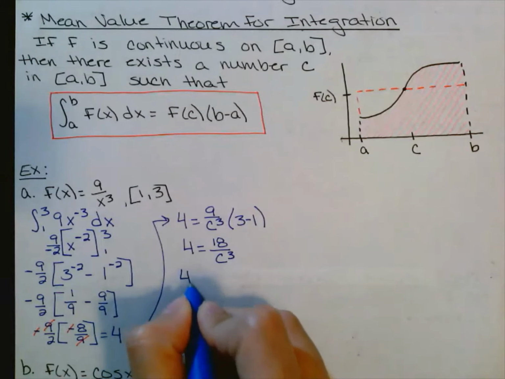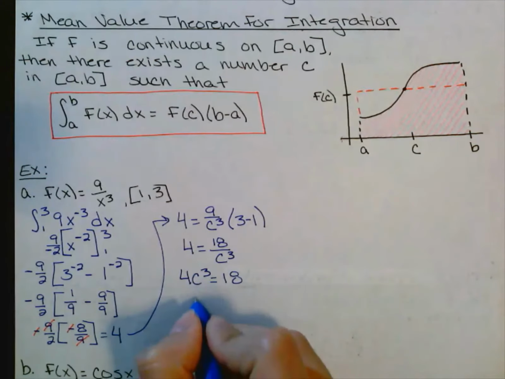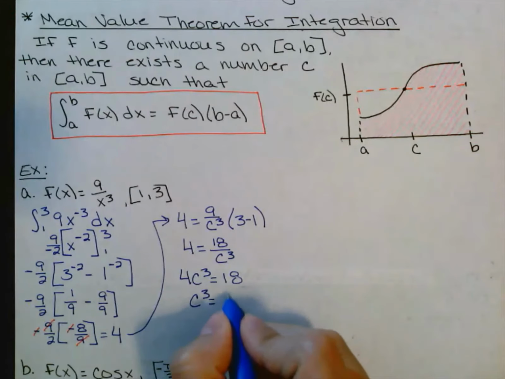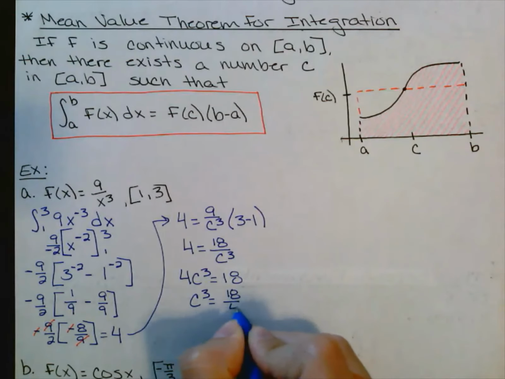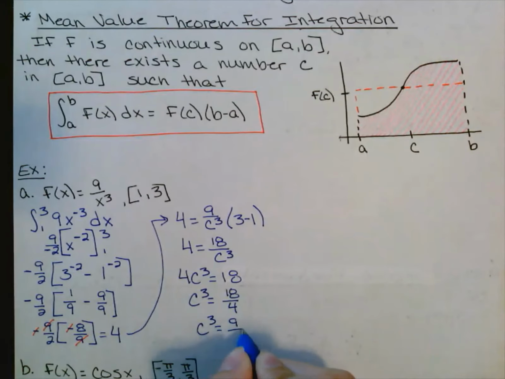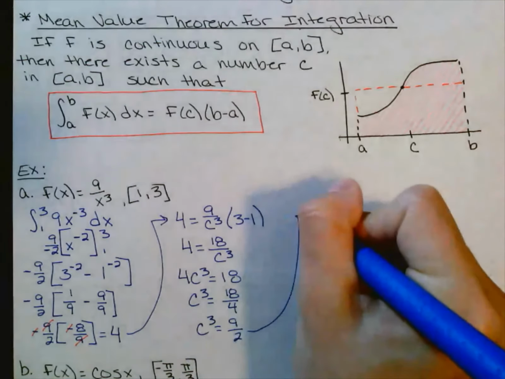Multiply that c cubed over. Divide by that 4. 18 divided by 4, I can also write that as 9 over 2. And now to isolate that c, I'm just going to do the cube root.